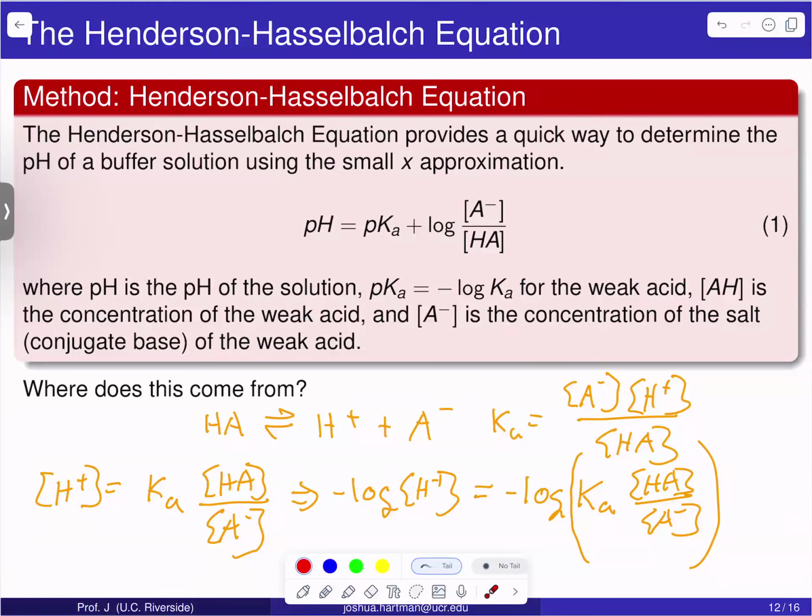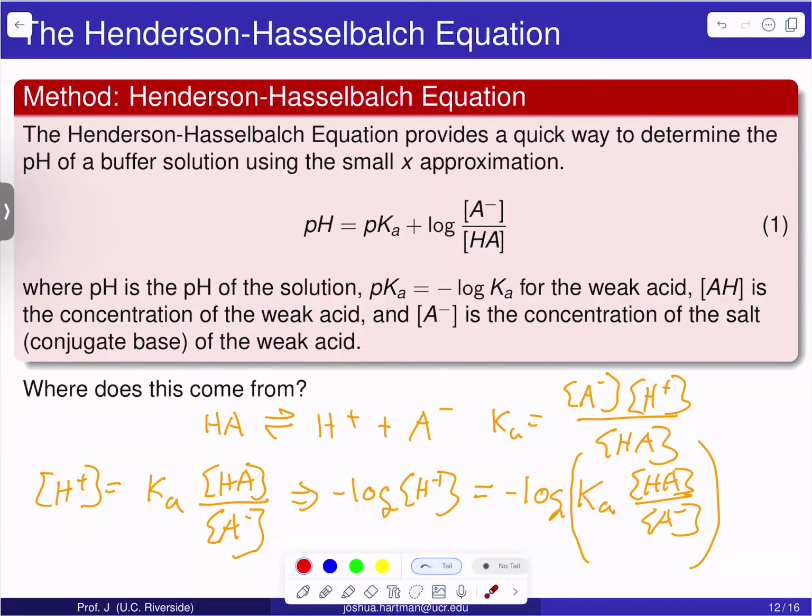And so Ka for a weak acid, you should find in a table or find a pKa in the table and plug that in here. And then, of course, the ratio of concentrations of the conjugate base, A minus, and that weak acid, HA, will be there.